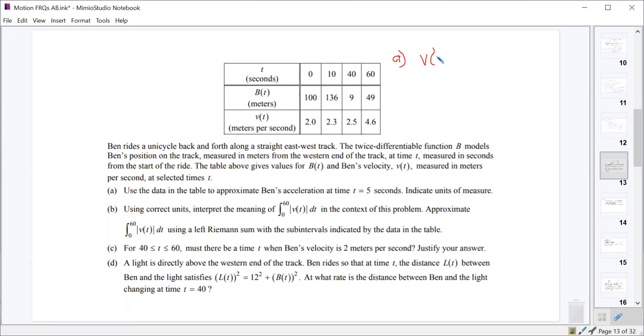So we'll do v of 10 minus v of 0 over 10 minus 0, which ought to be 0.3 over 10, which ought to be 0.03. And it says indicate units of measure. So if this was meters per second, and t is measured in seconds, this ought to be meters per second squared. Everybody good there with part A?